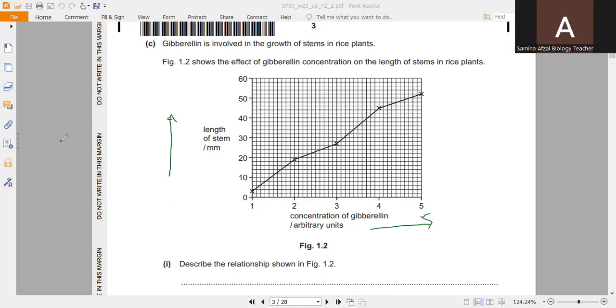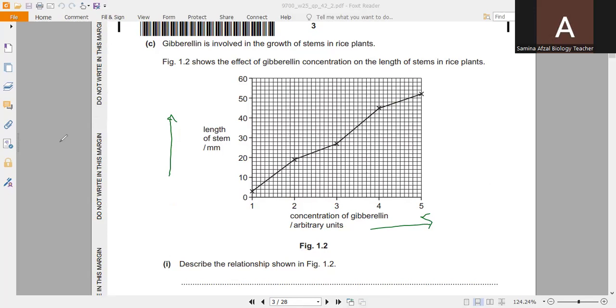They are directly proportional to each other. So I would like to say that there is a positive correlation between the concentration of gibberellin and the length of the stem.